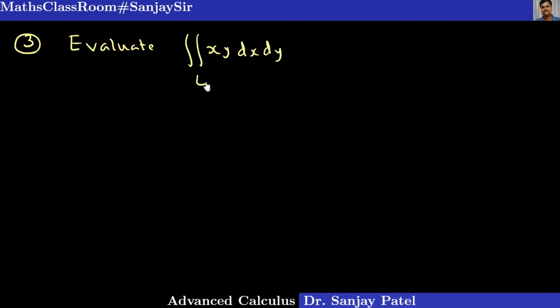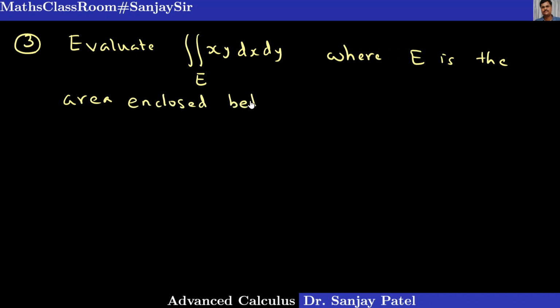Let us do another example, some more interesting one. Problem number 3. Evaluate the double integral of x into y dx dy over the region E, where capital E is the area enclosed between the two parabolas.